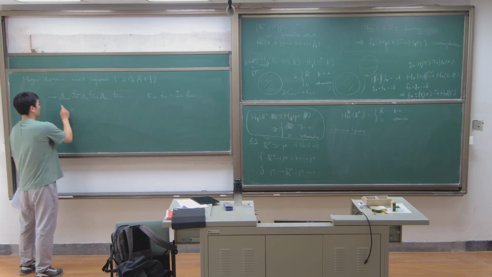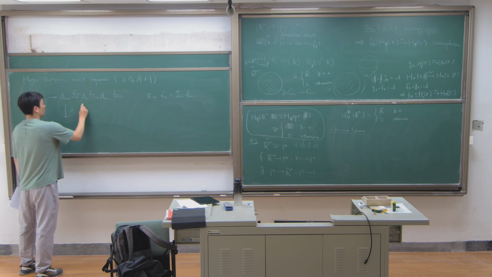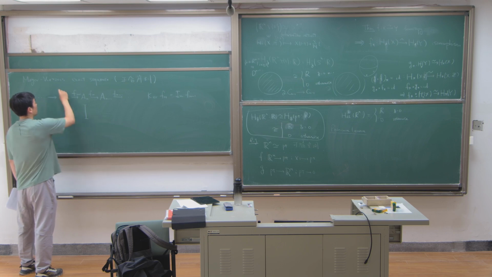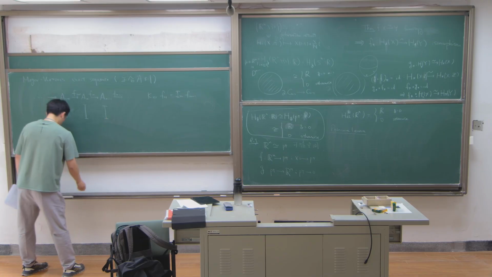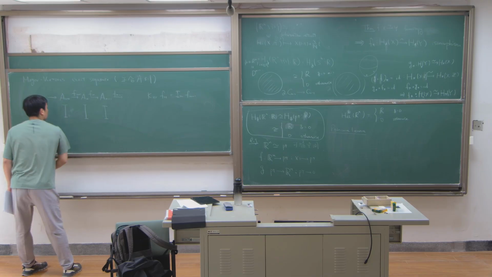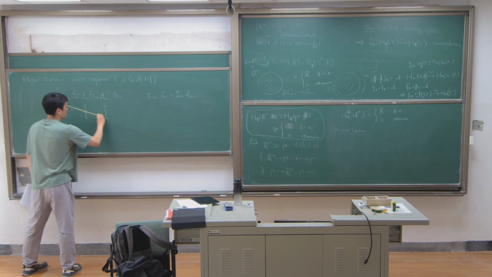Long exact. This means that you can have, so these are Boolean groups. A stands for Boolean group. So you always have like this, right?